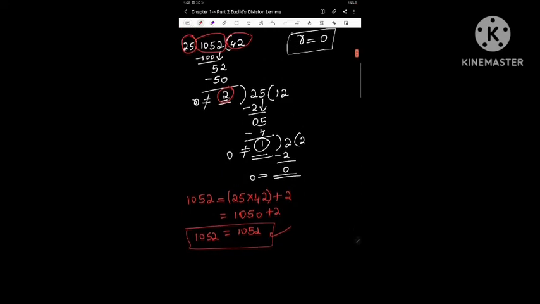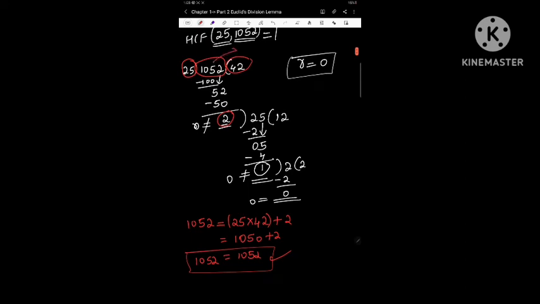So can we just say that this is the dividend, this is the quotient, this is the divisor, and this is the remainder?